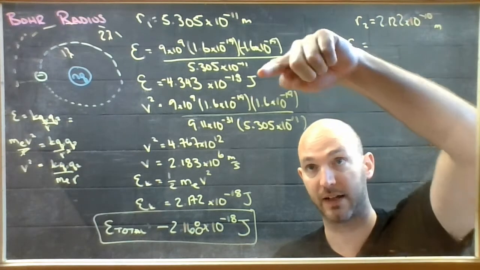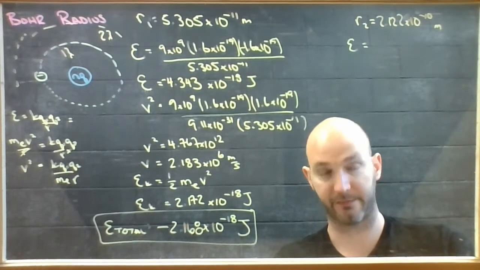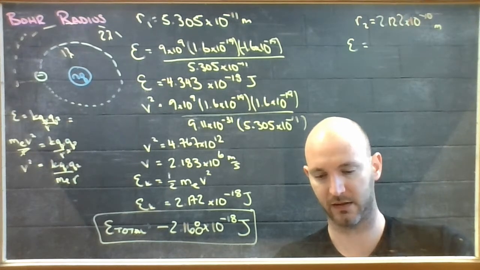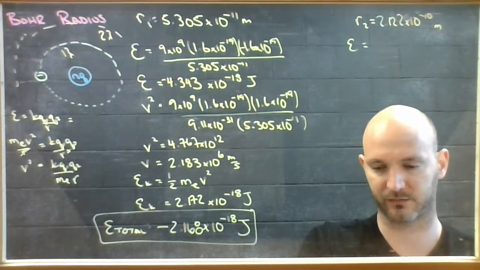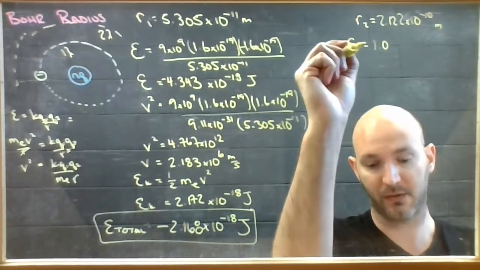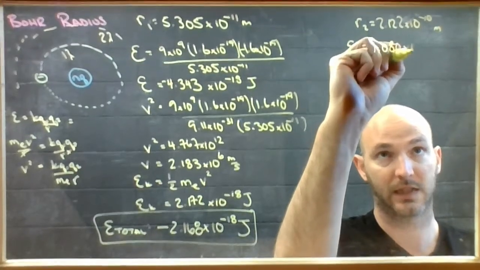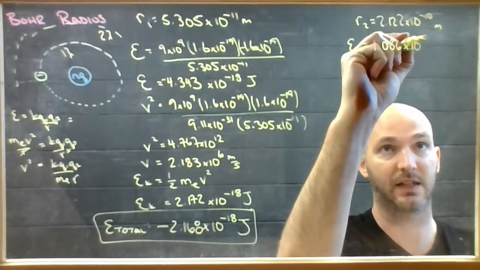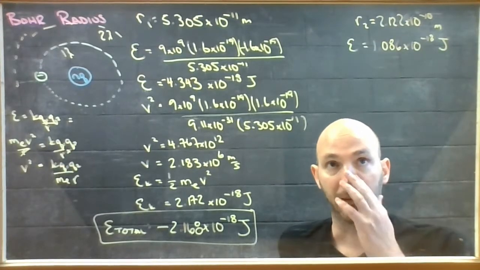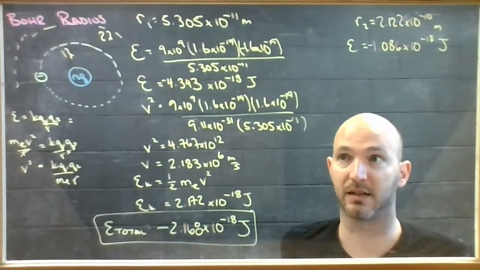And instead of dividing by this radius, I'm going to divide by this orbital radius. It's 2.122 times 10 to the negative 10, which gives me 1.086 times 10 to the negative 18 joules. Okay, and it'll be negative because I'm stuck in an orbital well.